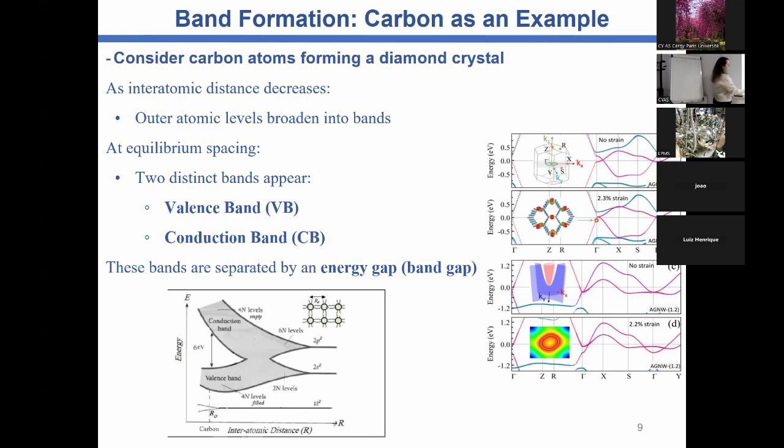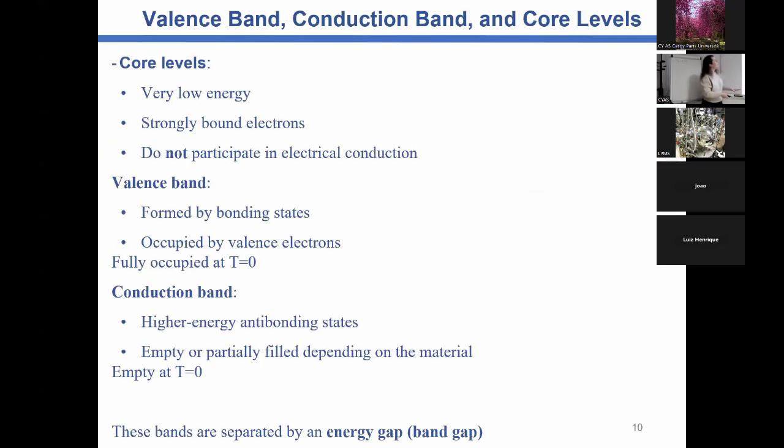So if the carbon had other electrons, they would be all over the core, and we will not analyze them. But in terms of carbon, we just have these two orbitals. So how can we distinguish the valence band, the conduction band, and the core levels of the electrons?